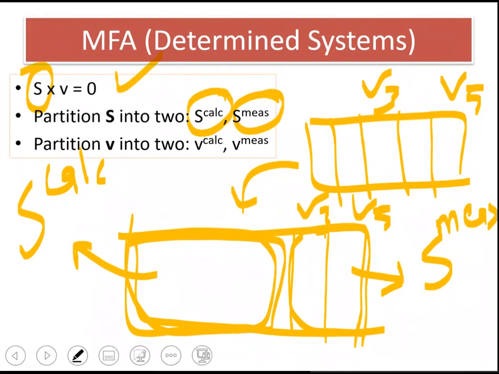One is the S matrix to be calculated, which refers to the rates that will be calculated, and S measured is the part of the stoichiometric matrix which includes the columns that correspond to reactions that will be used as measured in the solution.